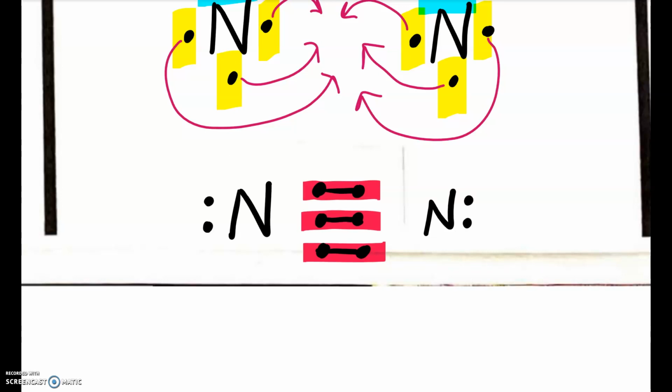That makes this nitrogen atom have 1, 2, 3, 4, 5, 6, 7, 8 valence electrons. And this nitrogen atom here also has 8 valence electrons. So by sharing these electrons, each nitrogen atom now has a full valence shell.